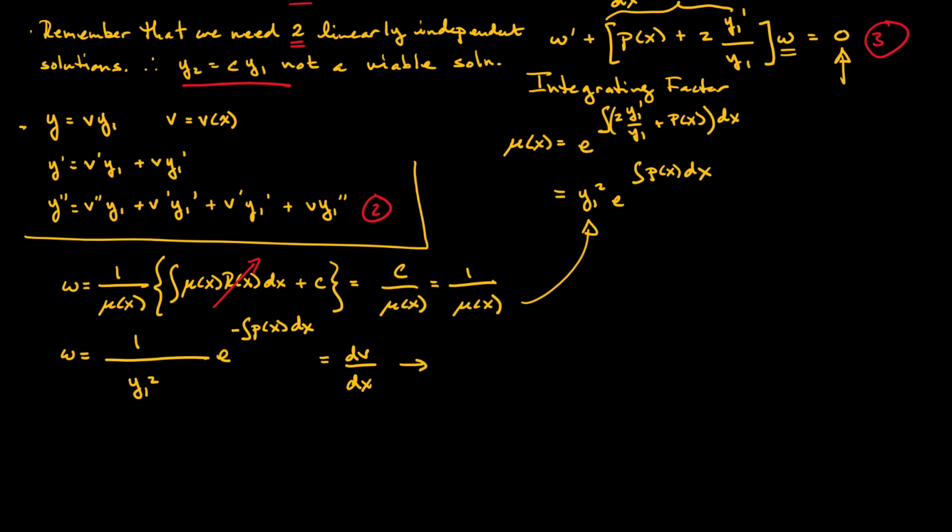Therefore, we can integrate this and say that v is equal to the integral of 1 over y1 squared, multiplied by e to the negative integral of p of x dx, all of this with respect to x.